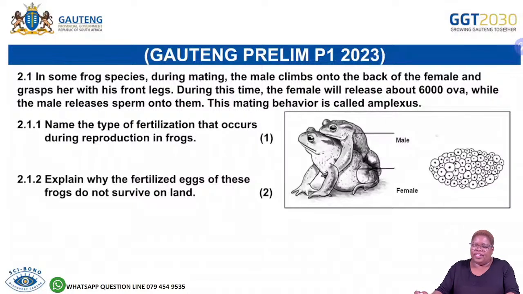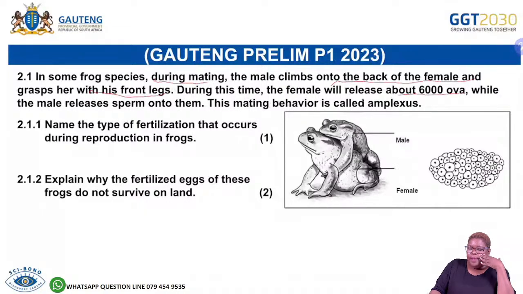In some frog species, during mating, the male climbs onto the back of the female and grabs her with his front legs. During this time, the female will release about 6,000 ova, while the male releases sperm onto them. Okay, this mating behavior is called amplexus.